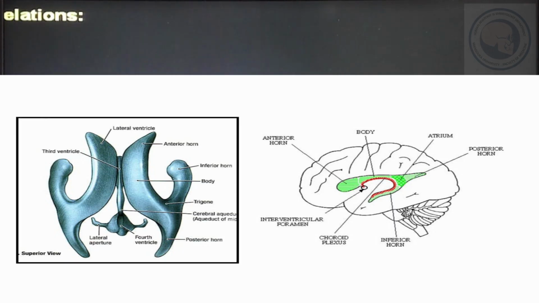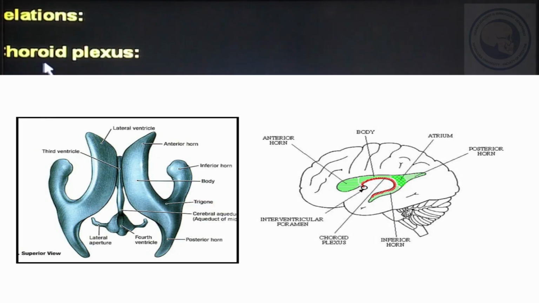The parts which are close to the midline are the anterior horn and the central part, while the posterior and the inferior horns are away from the midline. So, if you have a septum between the two lateral ventricles, this septum will be known as septum pellucidum. This septum will be related laterally only to the anterior horn and body of corpus callosum. And this septum will not relate at all to the inferior or the posterior horns.